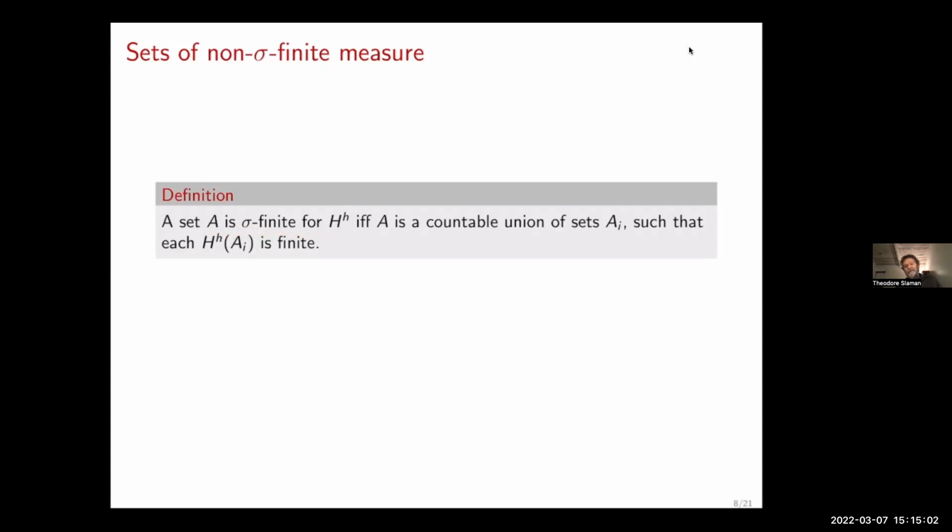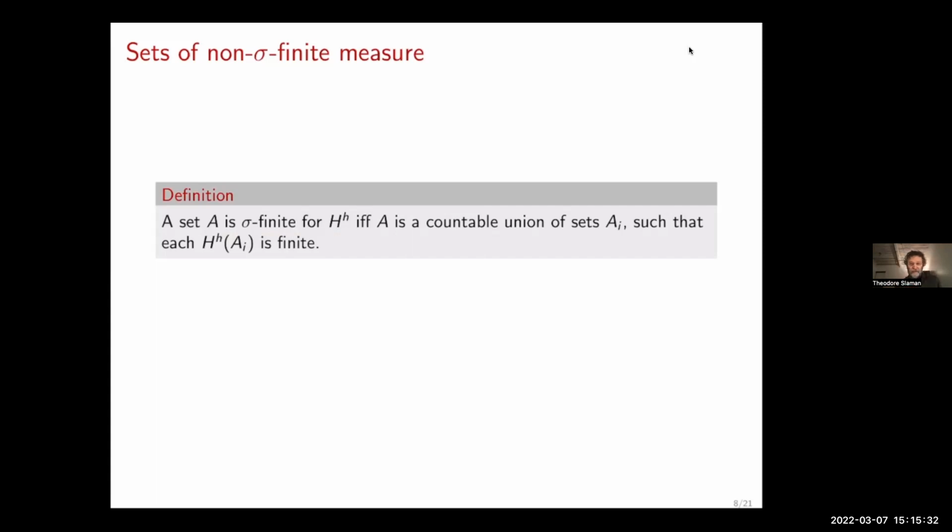An example of a case that's sigma finite is if you look at the real line for linear measure. Linear measure is Lebesgue measure. The whole line has infinite measure, but you can break it up into a countable collection of finite intervals, the interval from 0 to 1 and 1 to 2 and so forth.